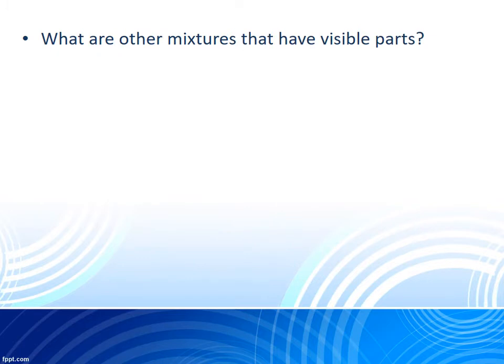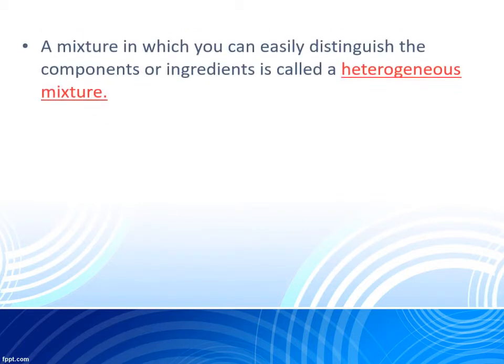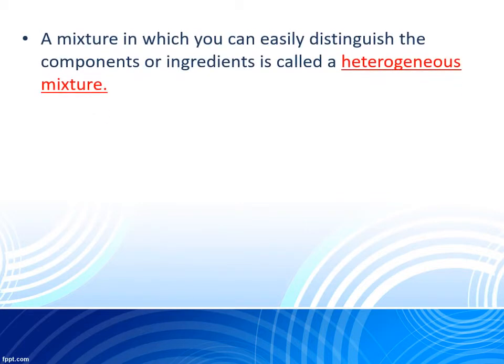What other mixtures have visible parts? Can you name some of those mixtures where you can still see the visible parts? Yes, you're correct. We have common things like salads and some dishes that we eat at home, where we can still see the parts or the ingredients. A mixture in which you can easily distinguish the components or ingredients is called a heterogeneous mixture.